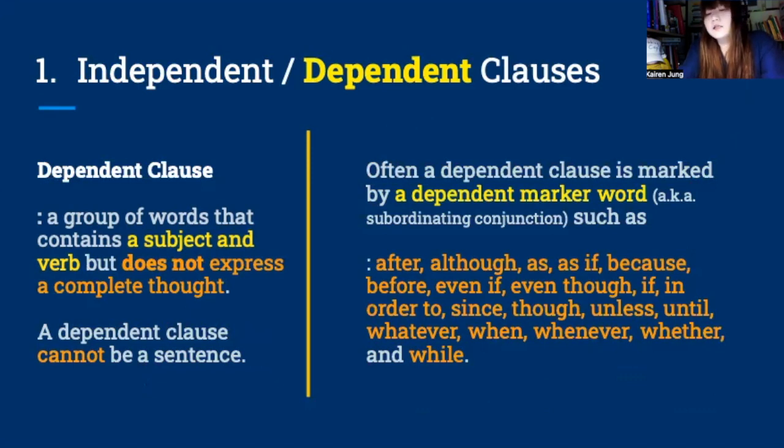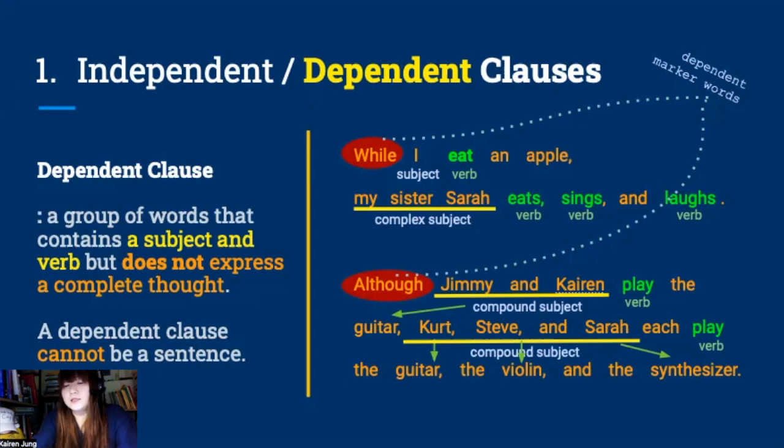Often, a dependent clause is marked by a dependent marker word, also known as a subordinating conjunction, such as after, although, as if, because, before, even if, even though, if, in order to, since, though, unless, until, whatever, when, whenever, whether, and while. In these example sentences, while I eat an apple, my sister Sarah eats, sings, and laughs.